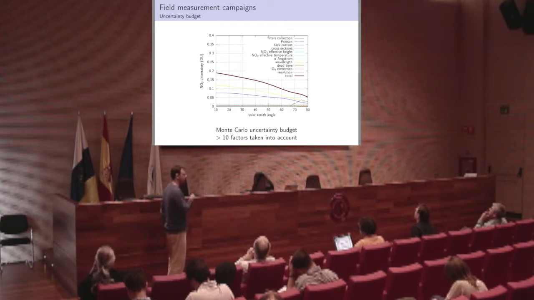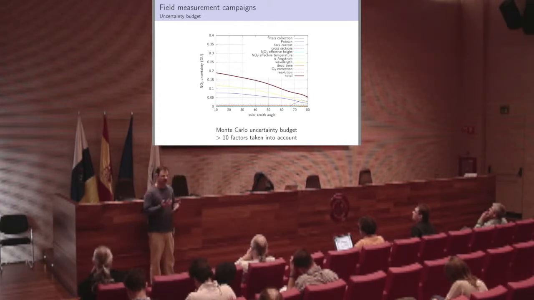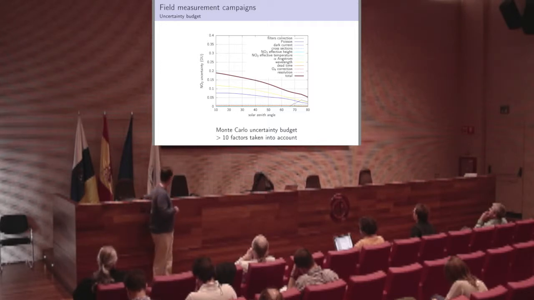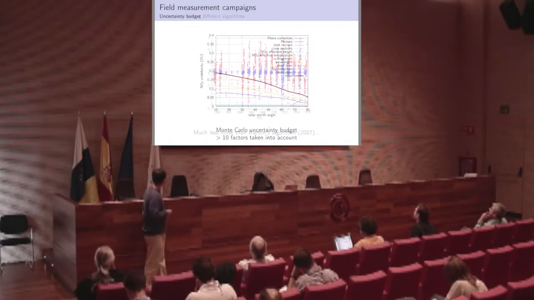So this is quite a problem. This is linked to the fact that the Brewer measures at only 6 slits, and you cannot perfectly derive the wavelength shift from these 6 wavelengths. And we will see some consequences after.